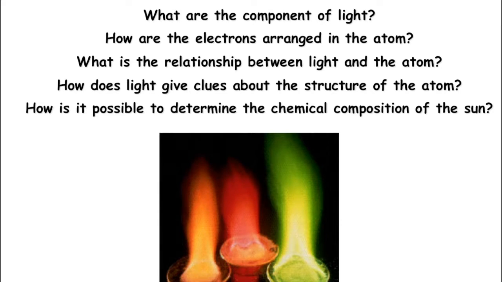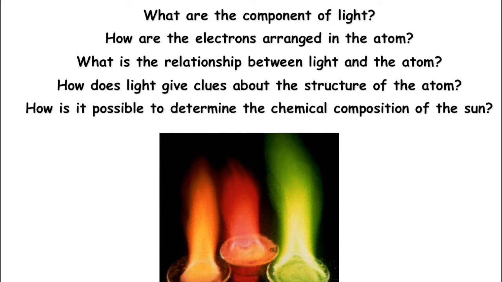And the last question, which will be towards the end of this particular section, is how do we know what the composition of the sun is? How do we know it's mostly helium and hydrogen? We haven't been to the sun, and we haven't sampled the chemicals on the sun, so how do we know it's mostly helium? And how do we know that the atmosphere on Jupiter is methane?